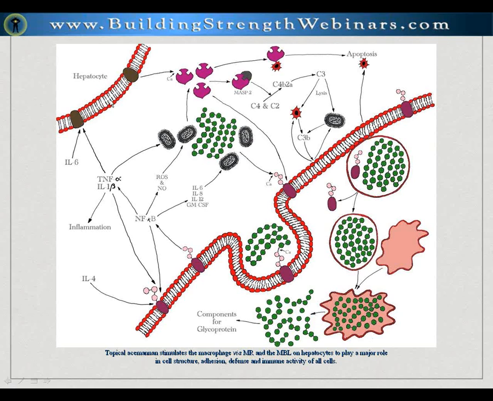So we have hepatocytes that are producing the mannose-binding lectin, and once these receptors bind to the mannose terminals of bacteria or large chunks of a mannose polysaccharide, it goes through the same process Dr. McAnalley talked about before, this cascade system where C4 and C2 end up binding along with the MASP2 and end up causing lysis of abnormal cells, of bacteria, and at the same time bringing in other factors and other cells to be activated.